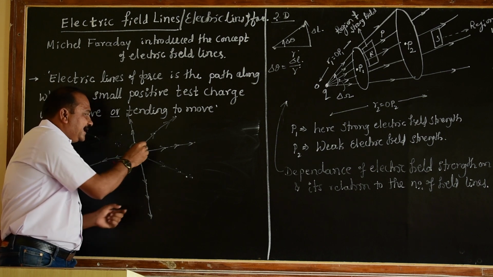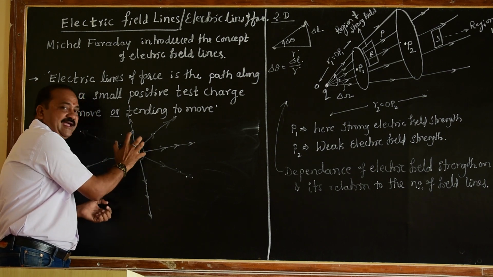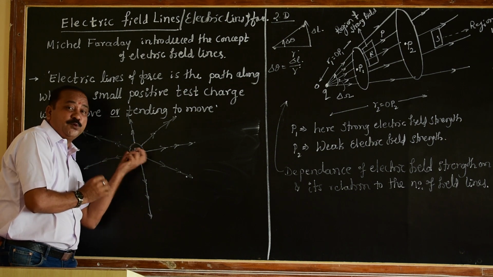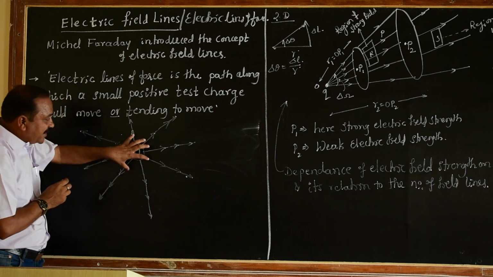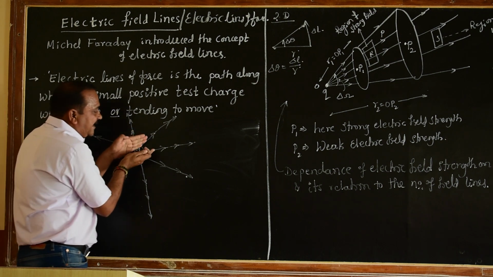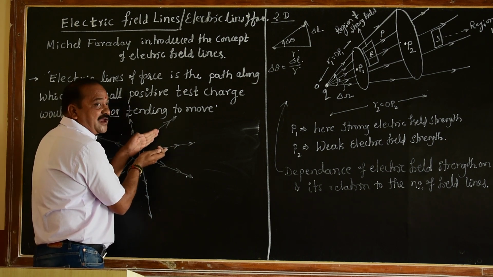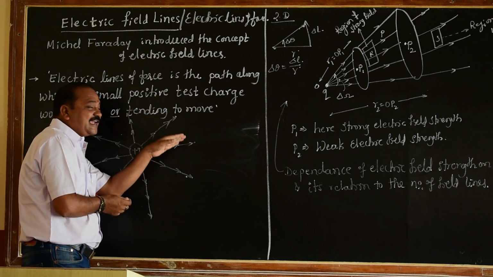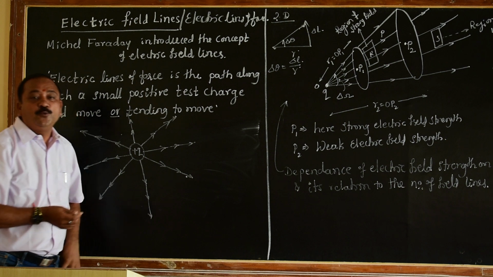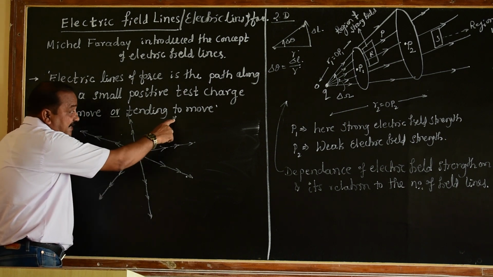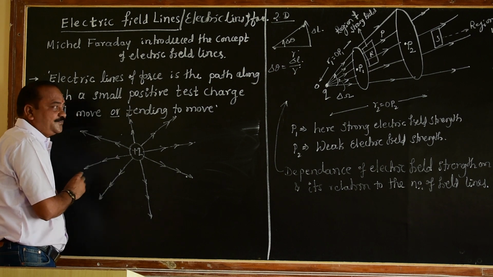Here, strong electric field lines will be more. If the field lines are away from this charge, then the electric field will be weaker.